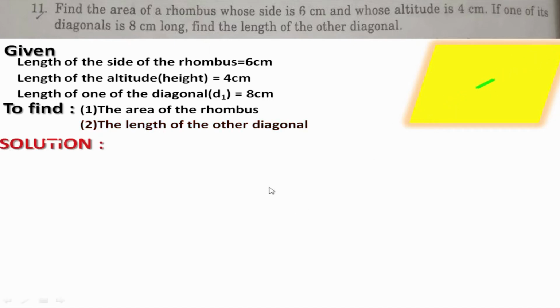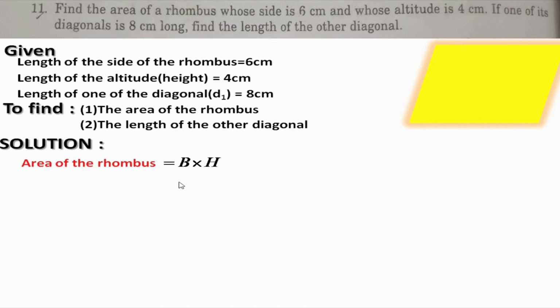So the solution will be, first we will find the area of the rhombus with the help of the formula base into height. I told you that if you don't know this formula, you should know that the area of a rhombus is base into height, and in this question both the base and height of this rhombus have been given to us.